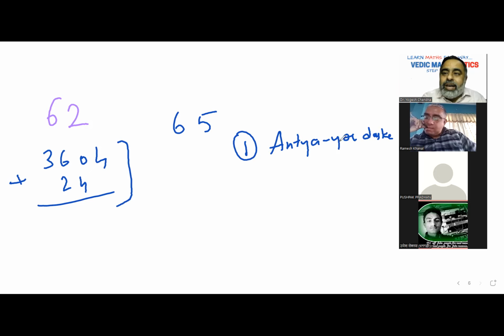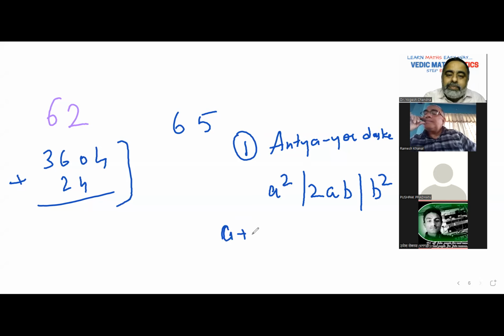If you ask me for the sutra, we'll derive the sutra first, and from the sutra a square 2ab b square will be derived, which you were talking about. Just now we'll do it. Now how do you write a plus b whole square? You write a square plus b square plus 2ab.